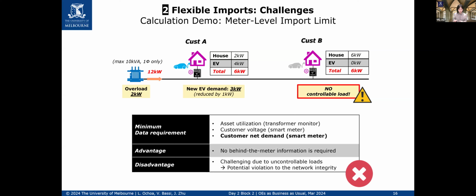However, in terms of how often this violation will happen and to what extent our assets may be affected, we need a more thorough assessment. And maybe because it can happen less frequently, the DSP can still accept it. And maybe this meter level input limit can be an option for future input management.